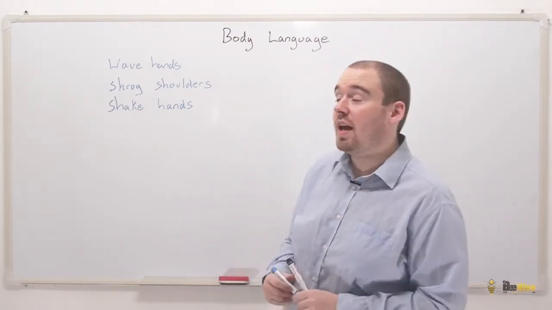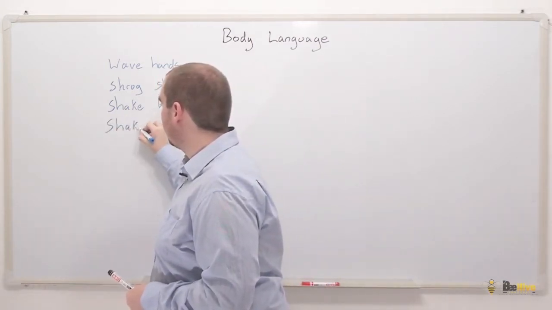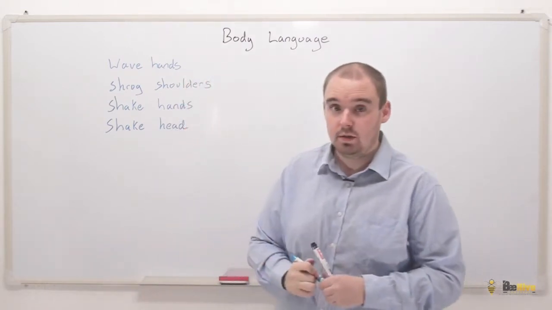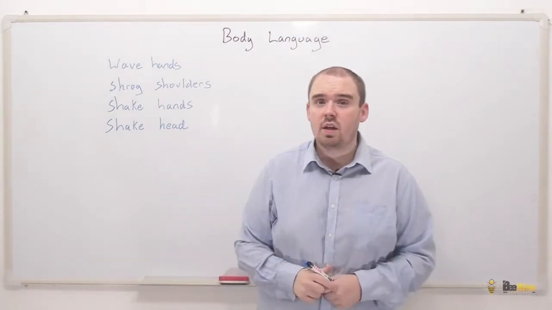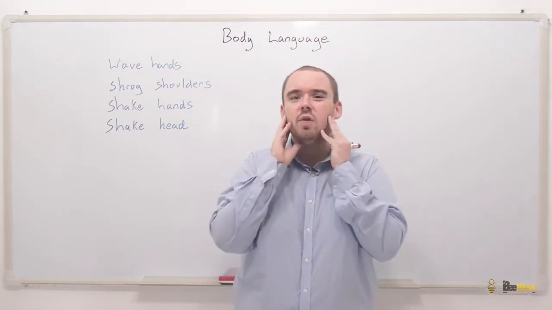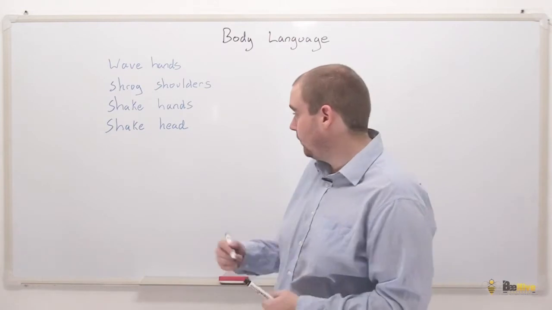Another thing we shake is our head. Okay, so this is our head. We can shake our hand and we can shake our head. Okay? If we shake our head, this means no. Okay?